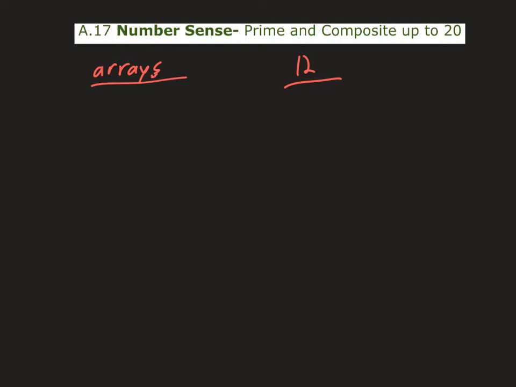We could make an array. Let me give you a couple different colors here. We could do a box that's 1 by 12. We could do a box that is 2 by 6, or we could do one that is 3 by 4. And what I mean by that, when I'm talking about arrays, let's build them.